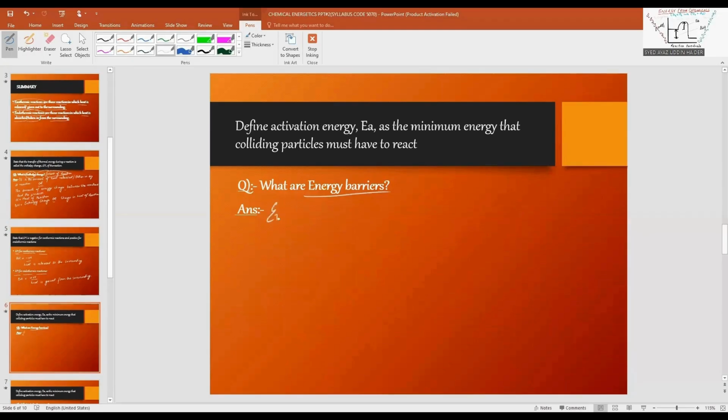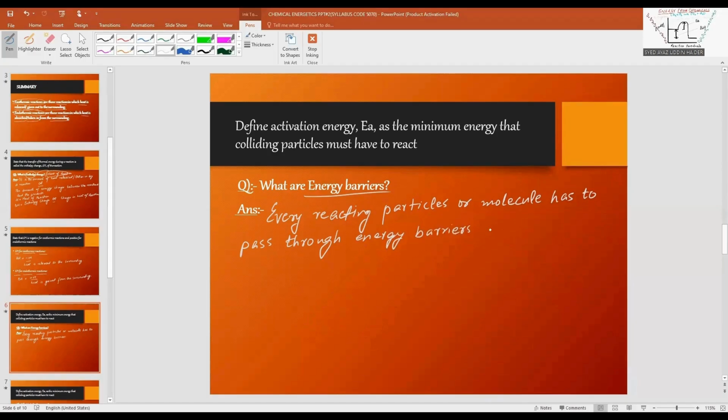Let me write: every reacting particle or molecule has to pass through energy barrier before reacting.